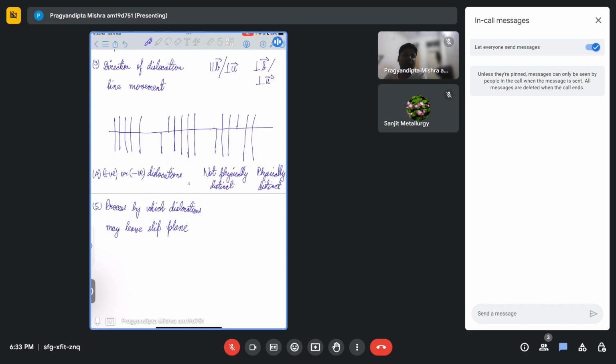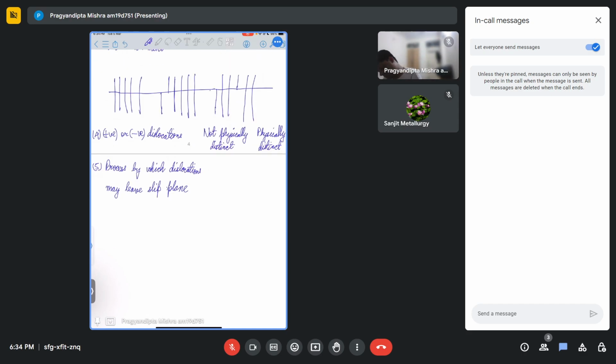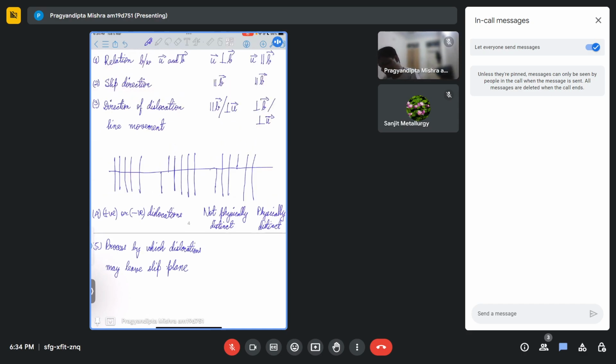The dislocations are lying on certain slip planes, right? For instance, okay, let's look at this edge dislocation only that I've drawn here, right? This is the plane in which the dislocation is lying, right? How can it leave this plane?